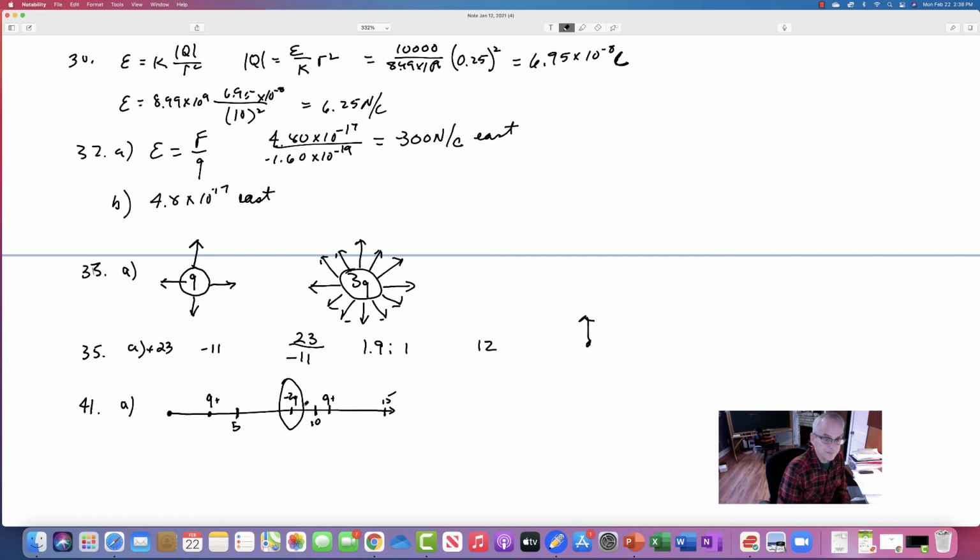Okay, so this one's at 11, this one's at 3, and so you want to know the impact. You can see that you're going to have an attractive force in this direction, and an attractive force in this direction. And there are some things you can deduce out of this. First of all, they're against each other, in opposite directions.